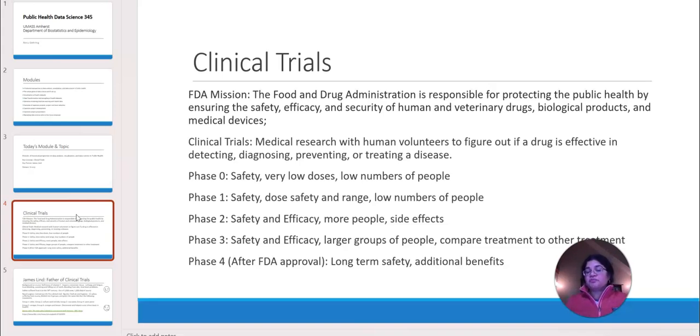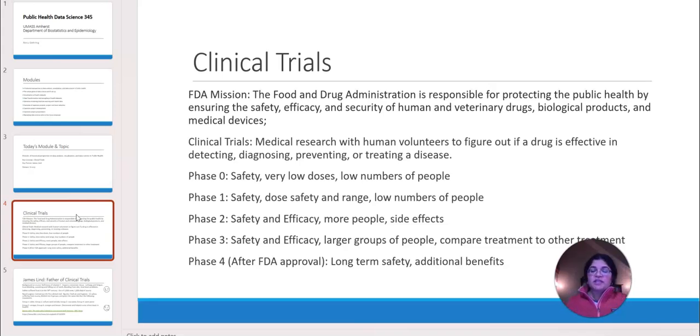Are there any harmful effects? Because the focus is on safety. Phase 1 focuses still on safety, but now the intention of the study is to figure out what are the ranges of the doses that are safe, and we still have a low number of people.